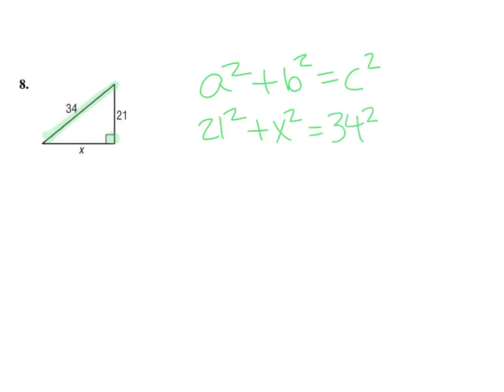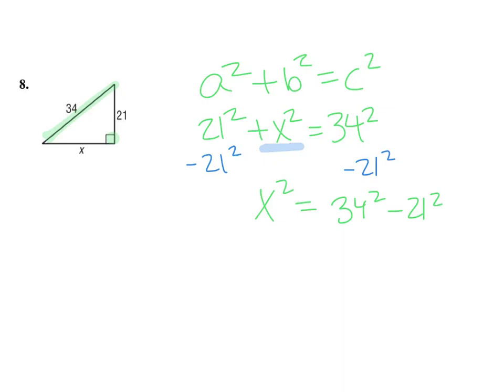And so if you're solving for x, we are going to have to subtract 21 squared from both sides. And that leaves us with x squared equals 34 squared minus 21 squared.